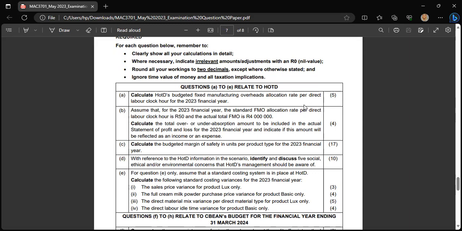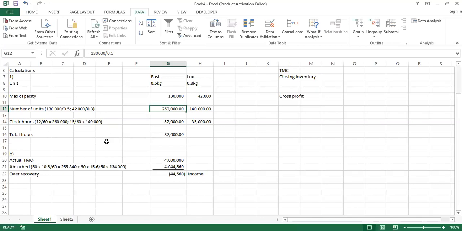Obviously here we had to have the total of our budgeted fixed costs, and then make use of the budgeted production. Let me go back to our answer sheet. Making use of the budgeted units as well as the budgeted hours, which we were given as minutes, we are able to come up with the total budgeted hours, and then we just divide.